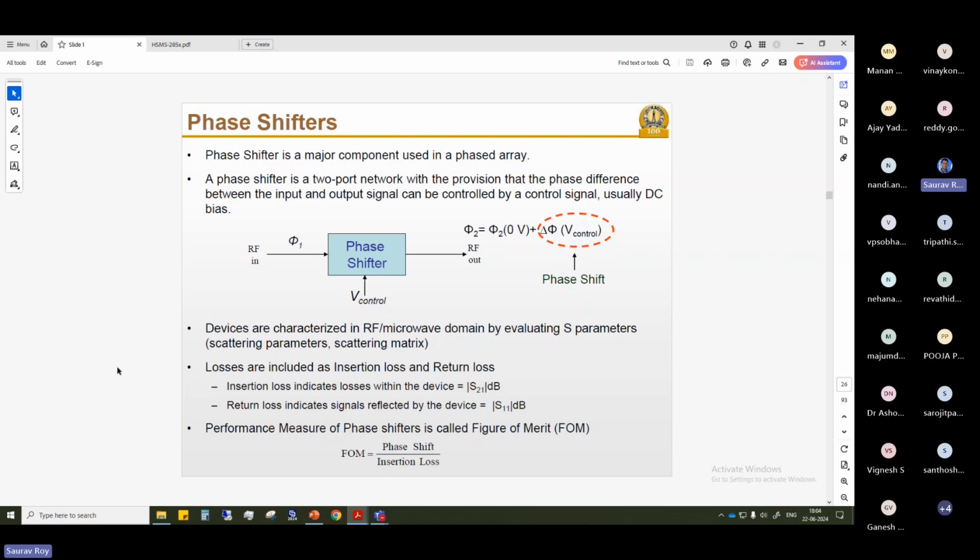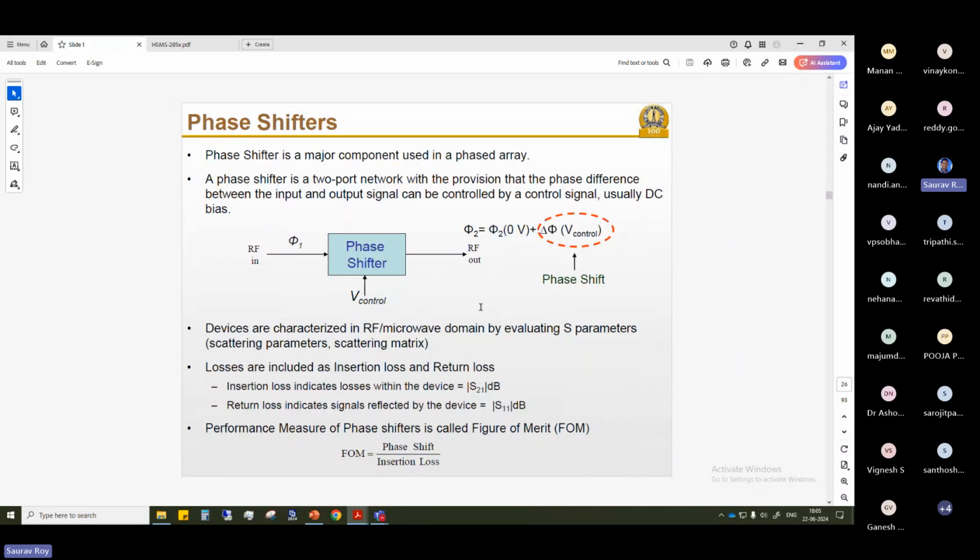Basically, you can have a variable phase control there, which you can vary using voltage control. This voltage control is required to control the switching elements. By changing the bias current or bias voltage, you can change the diodes or other kinds of switches, and that will give you a variable phase shift. Let's say you have multiple paths. By choosing one of these paths, you can change the phase.